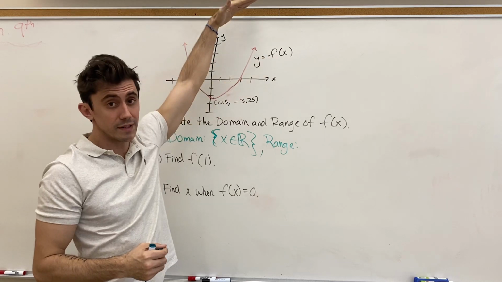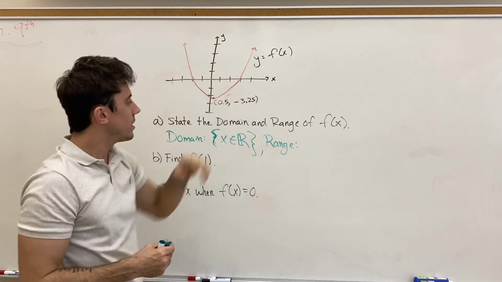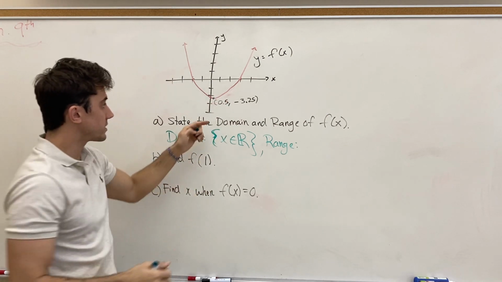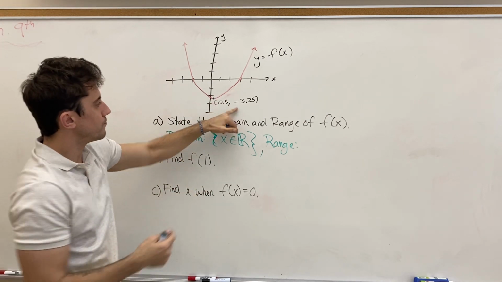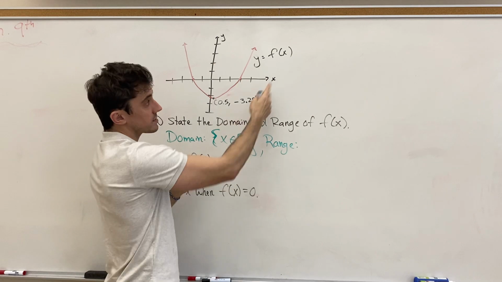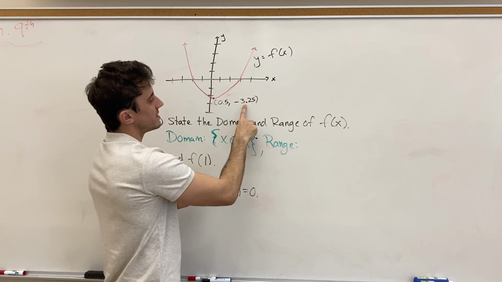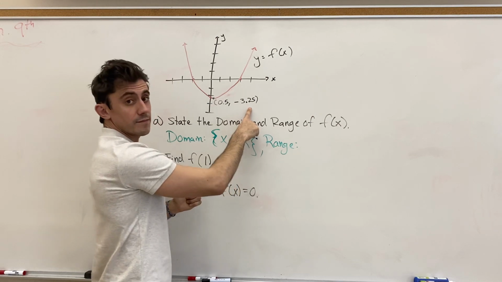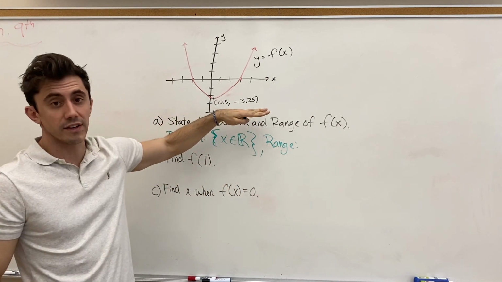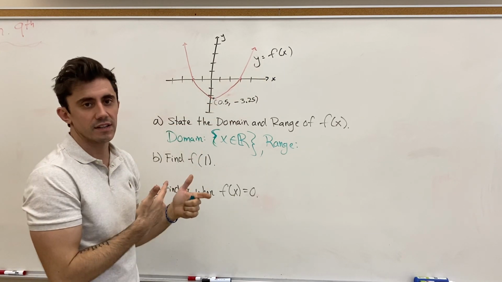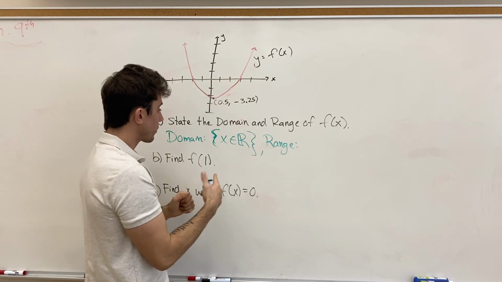So there's no upper limit, y can get infinitely big, but there is a lower limit, right? Down here at what's called the vertex, that you'll see later on, the y value, or the value of f of x, since they're really the same, just written in different notation, is negative 3.25, right? That's the lowest possible value that y, or that f of x, can take on in this function. And so that's going to be our lower limit.